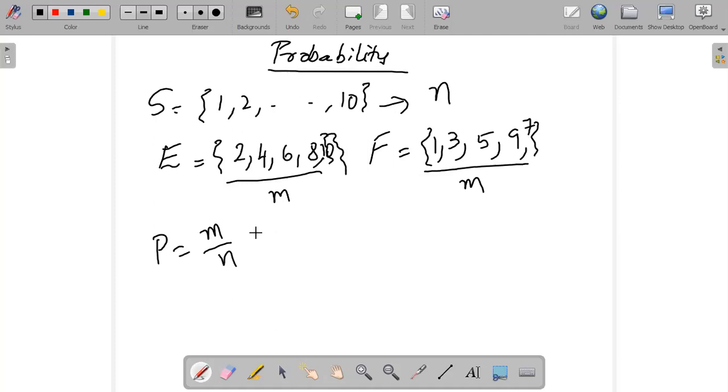We have seen this in tossing a coin or throwing a die. For the coin, you say head or tail, that's it. And if you take a die, 1 to 6.